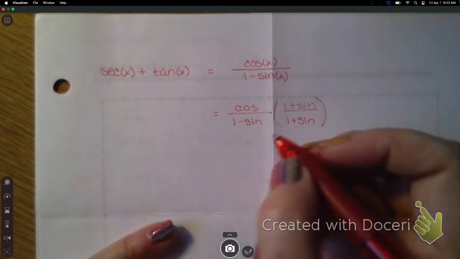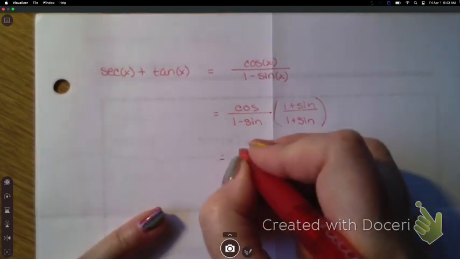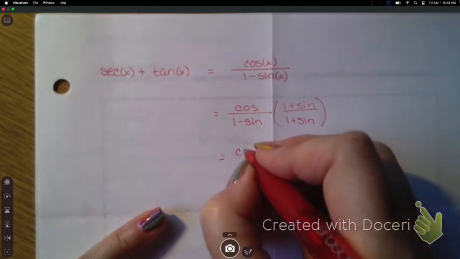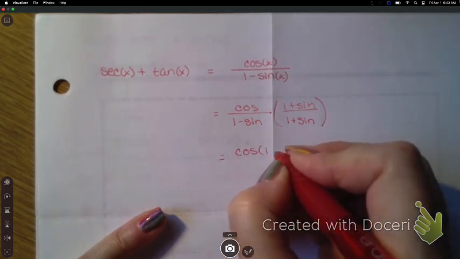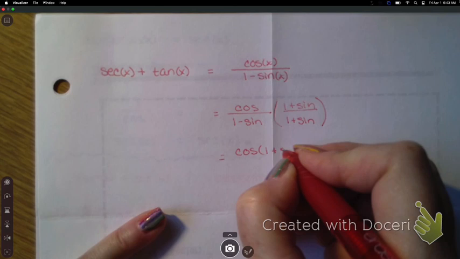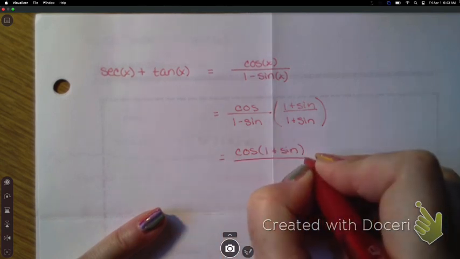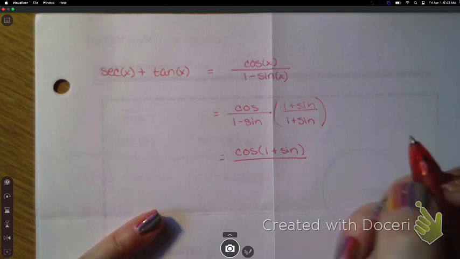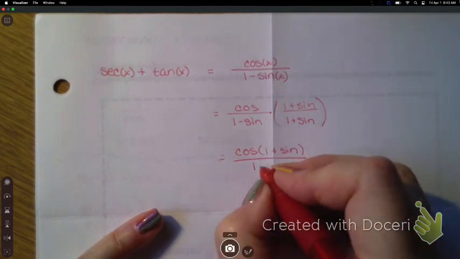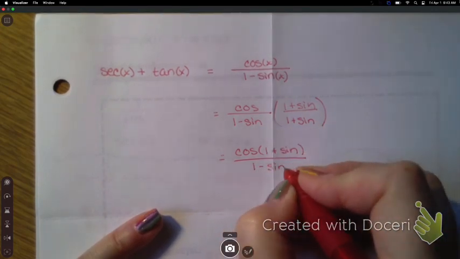Okay. So then that leaves me in the numerator as cosine. I'm not going to distribute the numerator just in case, because that might not be a good idea. And the denominator is going to be 1 minus sine squared.